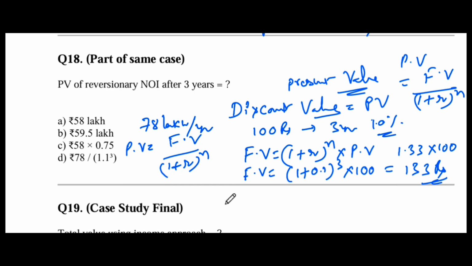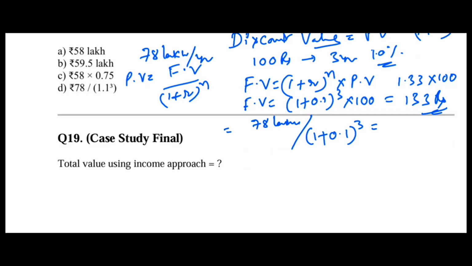So the value would be 78 lakhs divided by 1 plus 0.1 whole power 3. That means 78 by 1.331 lakhs.